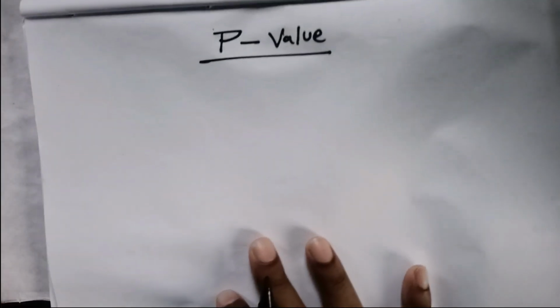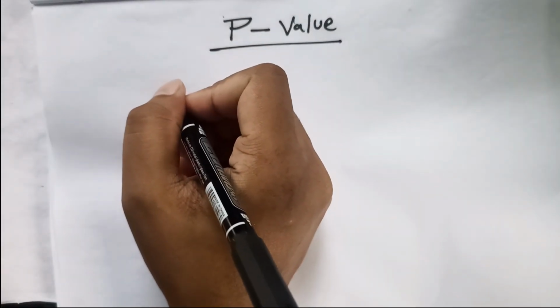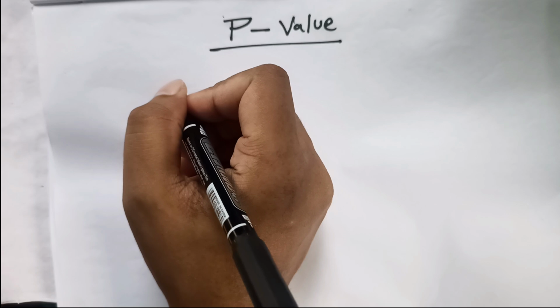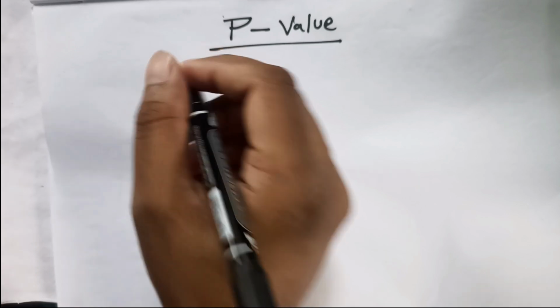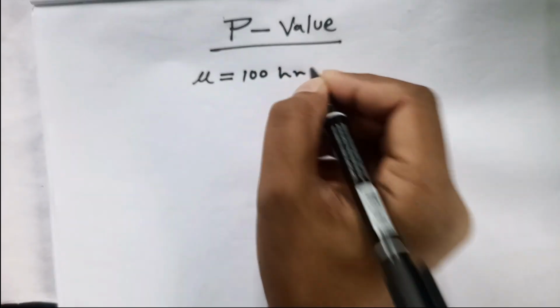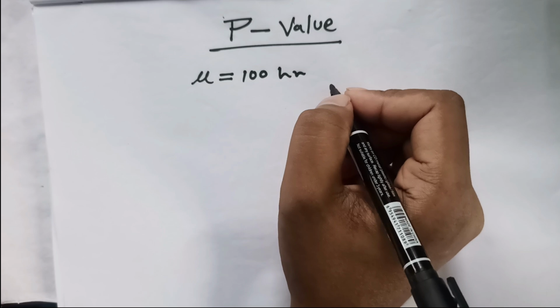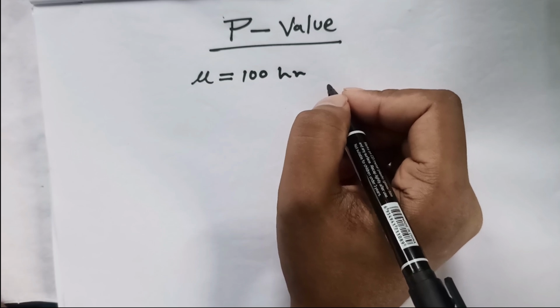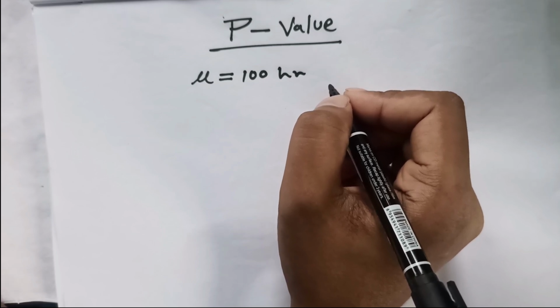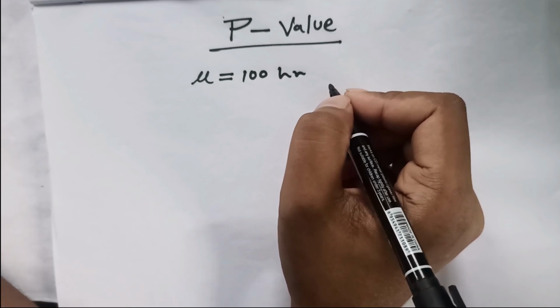So for that, consider a real life example. Suppose a battery manufacturing company claims that their batteries last on average 100 hours, and a consumer group believes, in contrast, that the actual average is less than 100 hours.